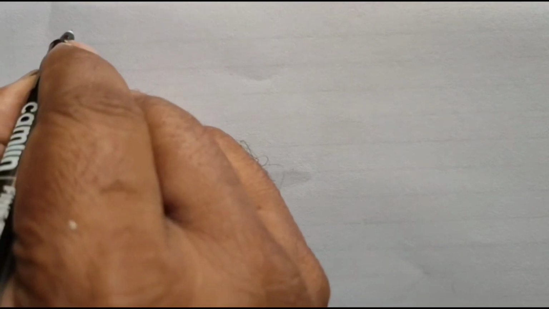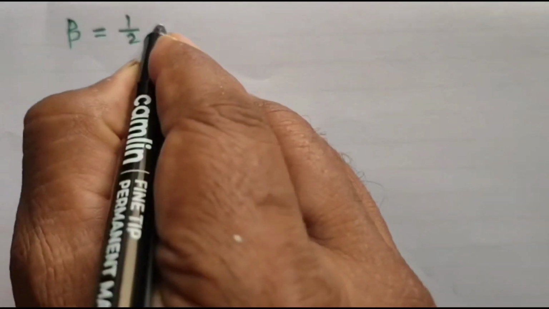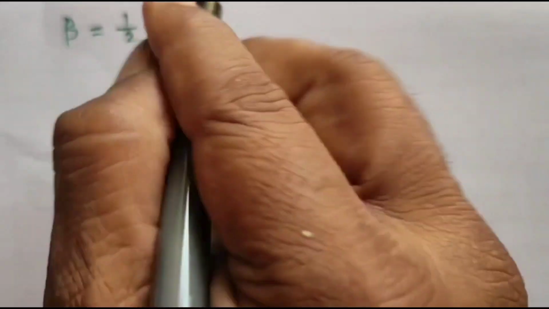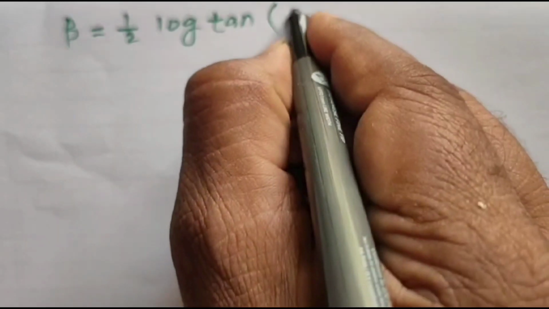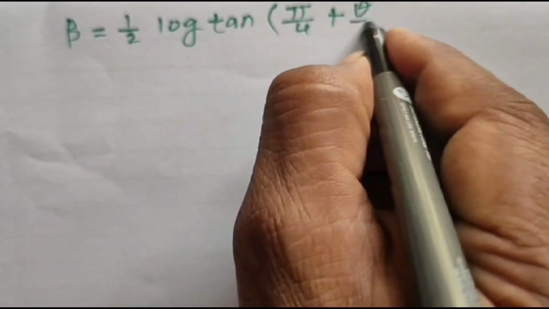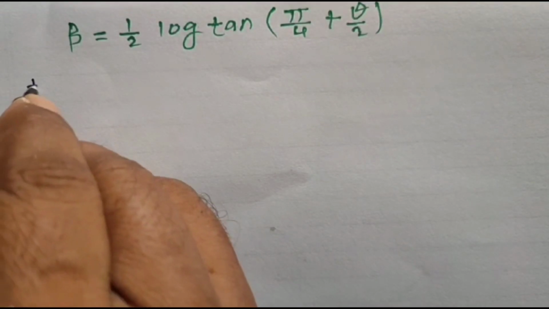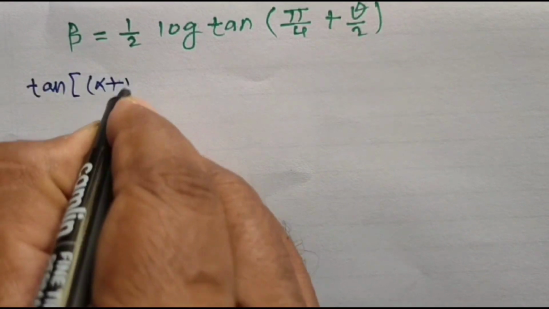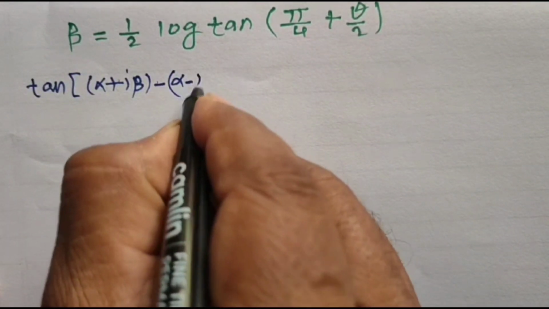Now we are going to prove second result, that is beta is equal to 1 upon 2 logarithm of tan of pi by 4 plus theta upon 2. Okay, let us prove this result. Now tan of alpha plus i beta minus alpha minus i beta.